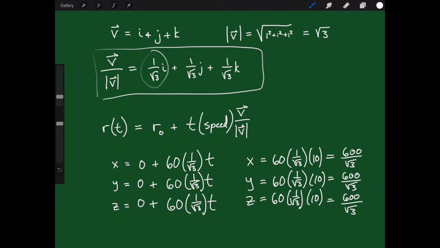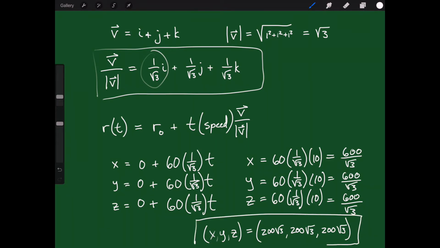I think 600 over root 3 reduces to 200 times root 3, if I just rationalize that denominator. So my point x, y, z after 10 seconds is 200 root 3, 200 root 3, 200 root 3. And this is where my helicopter will be after exactly 10 seconds.